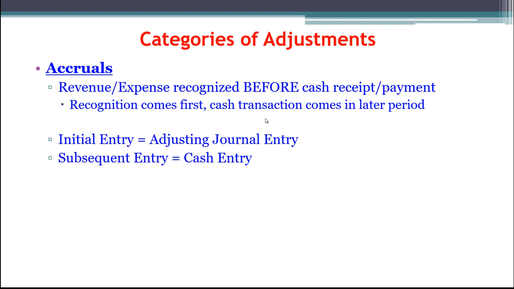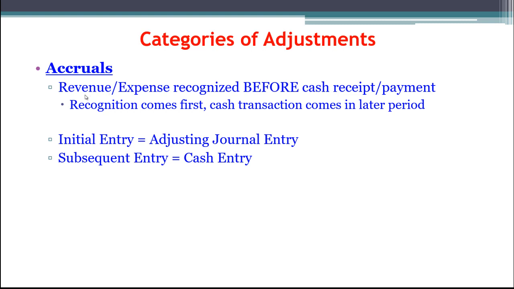Now, the adjusting entries themselves. We have two main branches of these, and then each branch has two examples or two types of those adjusting entries. So essentially we have four different groups of adjusting entries that we could talk about. The first main branch would be the accruals.